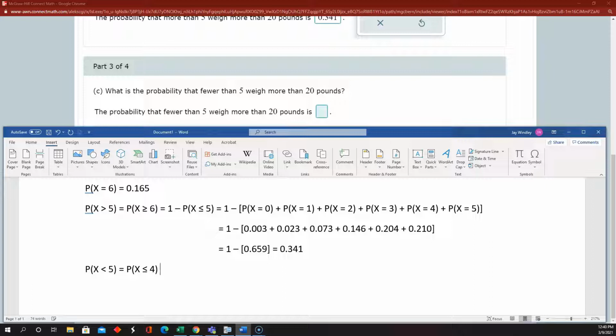So again, we can add together several probabilities to find that. We can say the probability that x is 0 plus the probability that x is 1, 2, 3, 4. Add those probabilities together. Whether you get those probabilities from technology or from the table, it's just an addition problem.